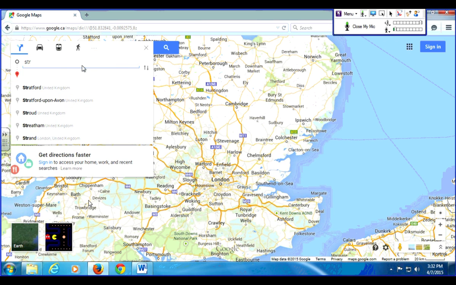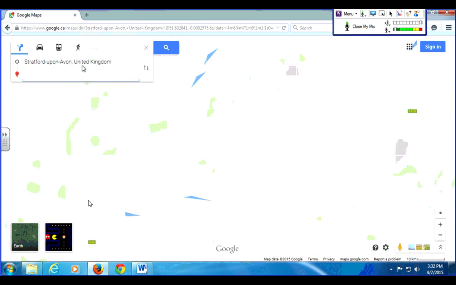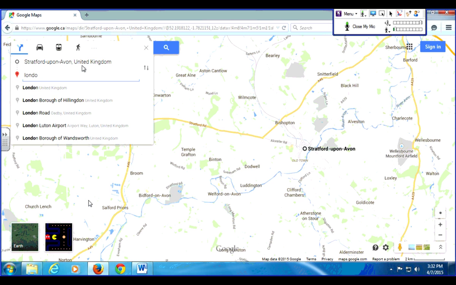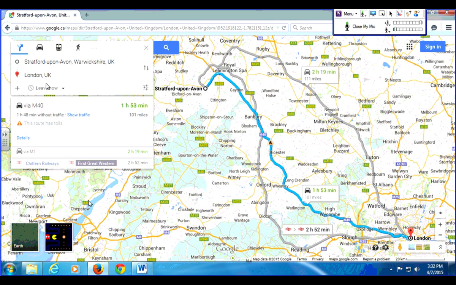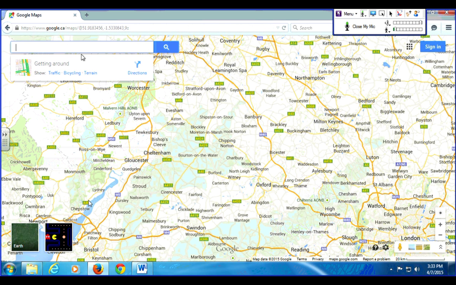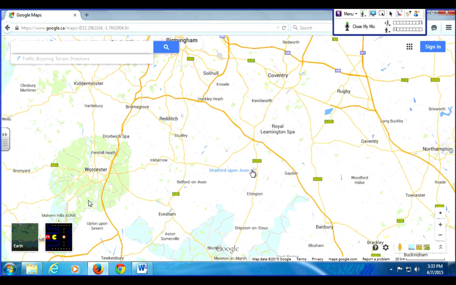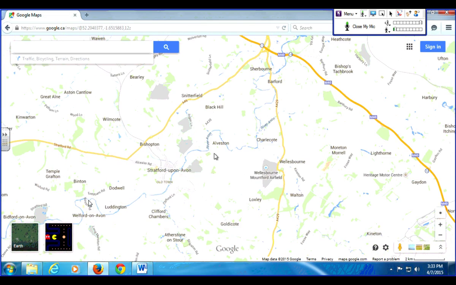So if we look at Stratford-upon-Avon to go to London, it's only 160 kilometers. But think that there were no trains, no cars, and most people couldn't afford horses.